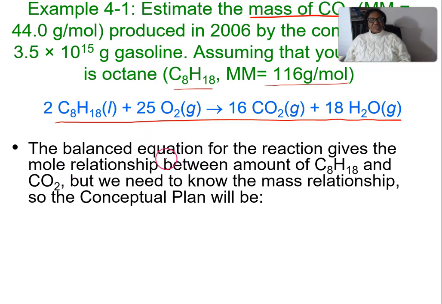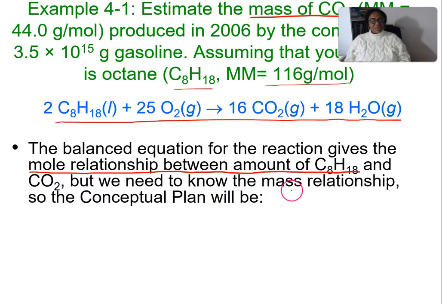The balanced equation for the reaction gives the mole relationship, and we need it as a conversion factor. It gives the mole relationship between the amount of C8H18 and that of carbon dioxide.